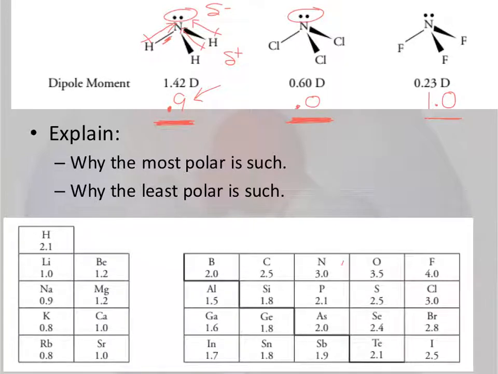All right, now looking at this next one, we know that N and Cl are the same, right? So there is no difference. These are not polar bonds here. So what makes this whole molecule polar is that lone pair right there.